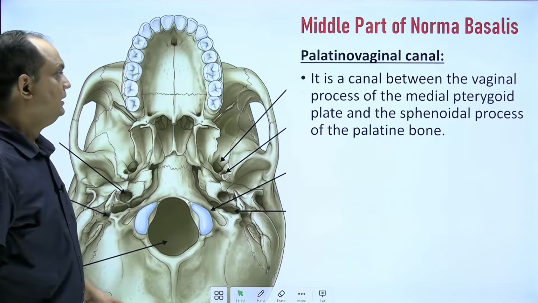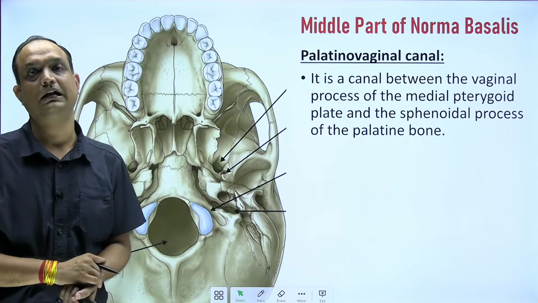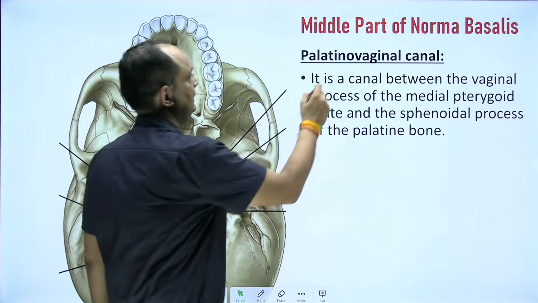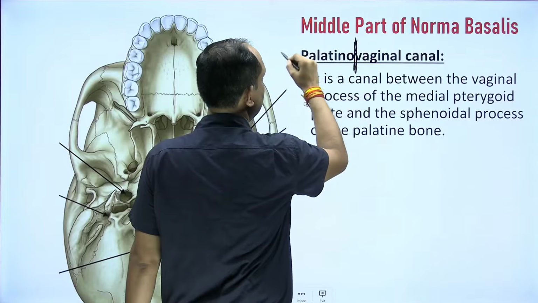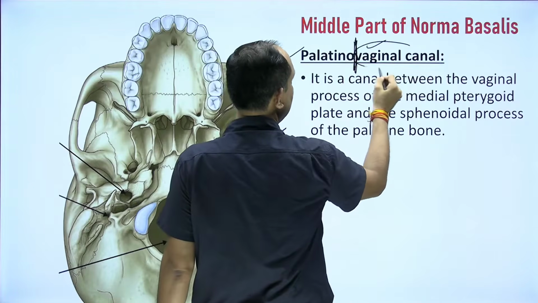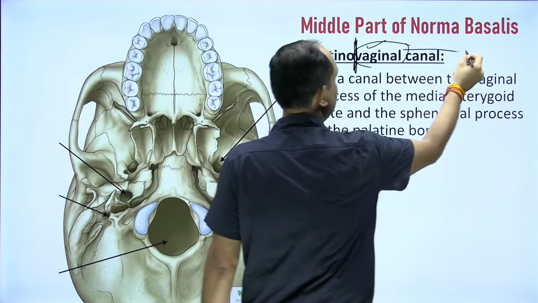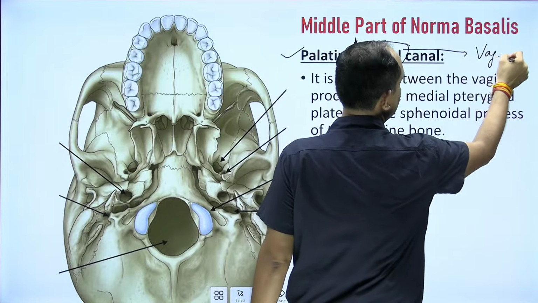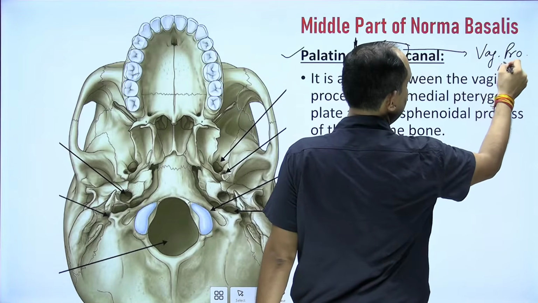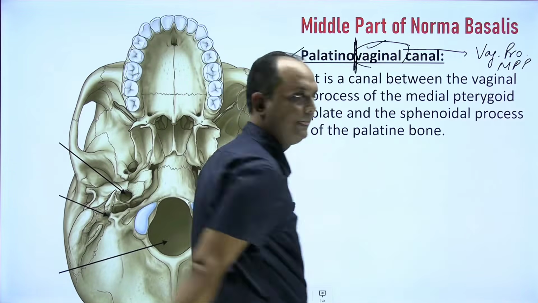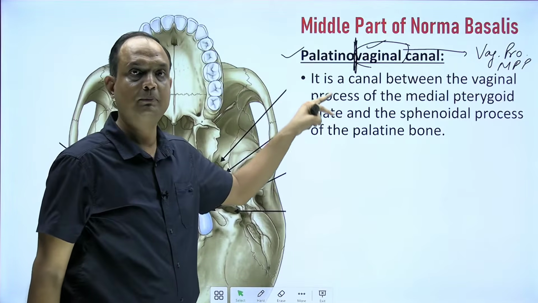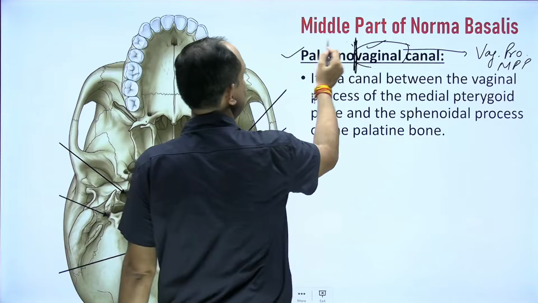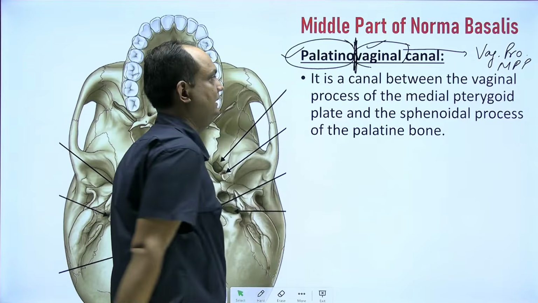Clear? Now there is one more canal known as palatinovaginal canal. Again, when you break this word, there are two parts. This vaginal word again comes from the same part, that is the vaginal process of your medial pterygoid plate. Here, rather than vomer bone, the bone has been changed. Now it is a palatinovaginal canal.